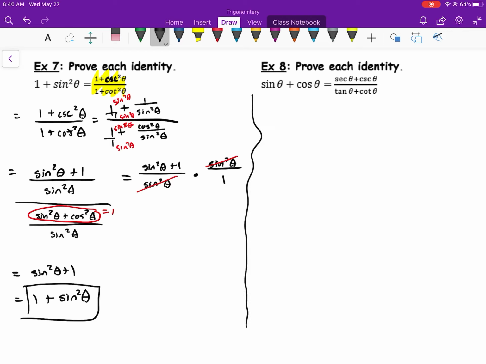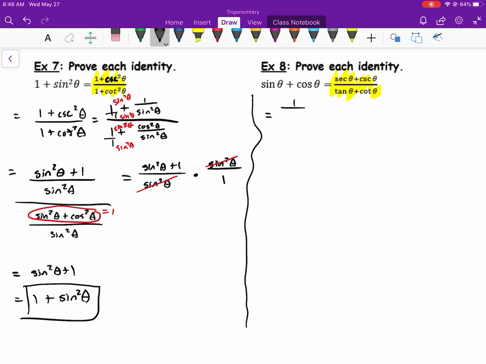Example 8. Sine theta plus cosine theta is equal to secant theta plus cosecant theta all over tangent theta plus cotangent theta. Alright, so we'll work at the right side here.